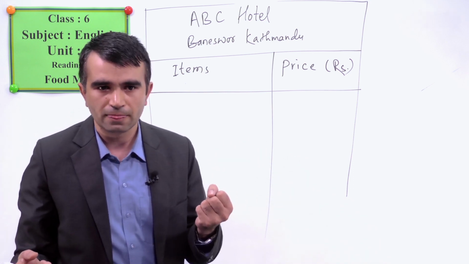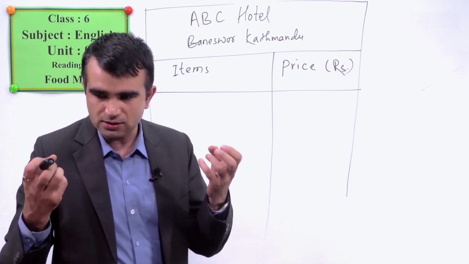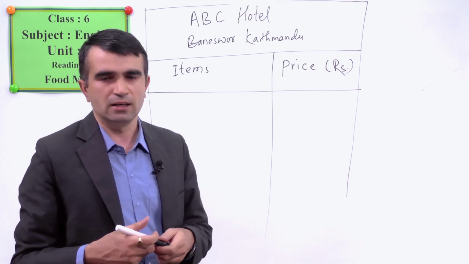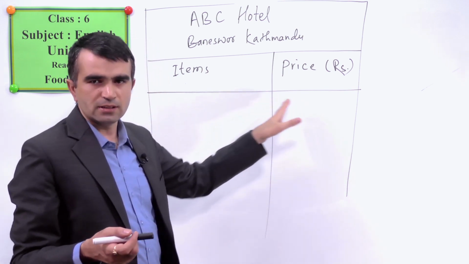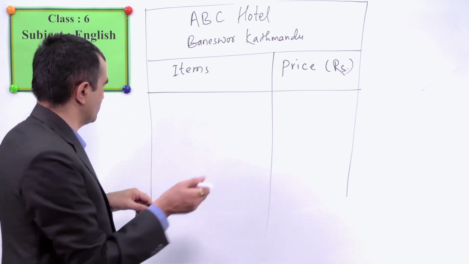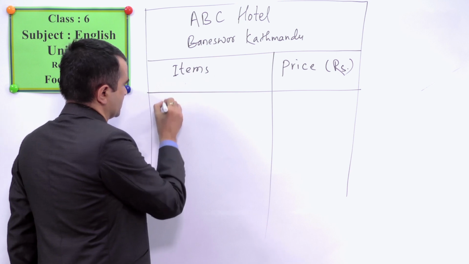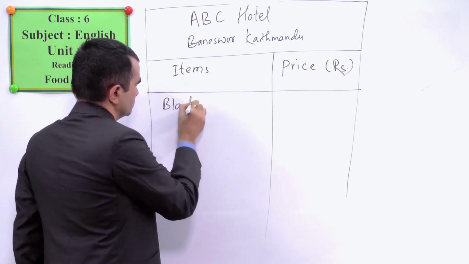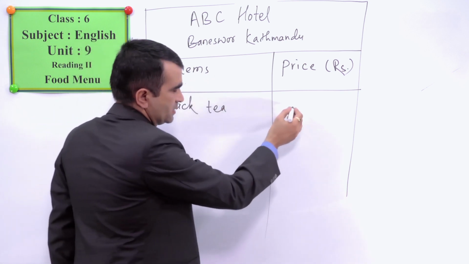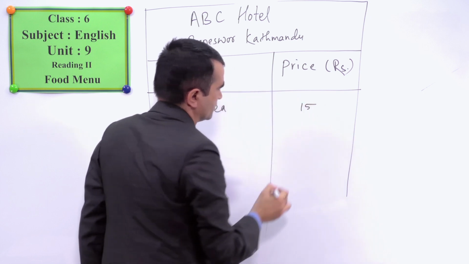And some hotels sell just tea, coffee, drinks, these things. Now you can include items and price there. You can give numbers as well. For example, let's write in the same way. First one, milk tea, black tea. Black tea, price, suppose it costs 15 rupees.